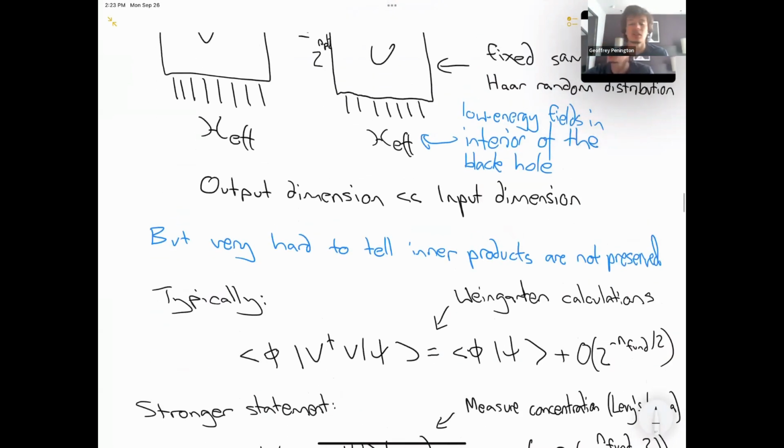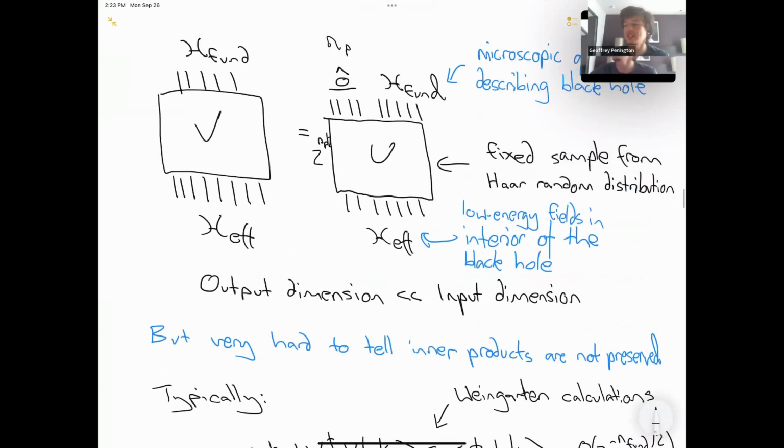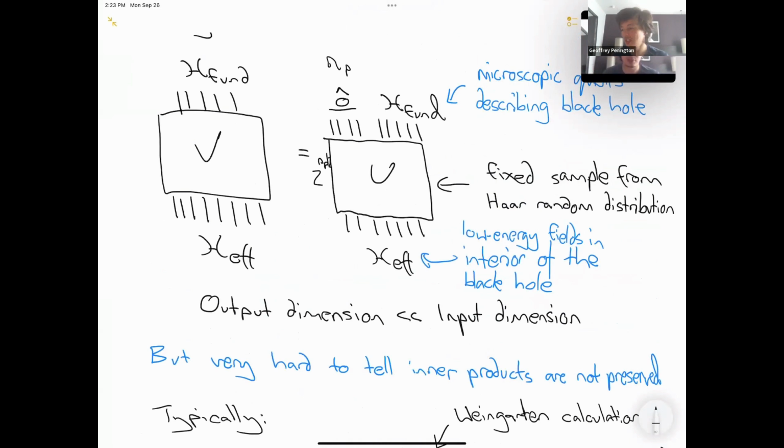Okay. So the idea is that even though the output Hilbert space is vastly smaller than the input one, it's very hard to tell that just by looking at example states and seeing the inner products of example states.